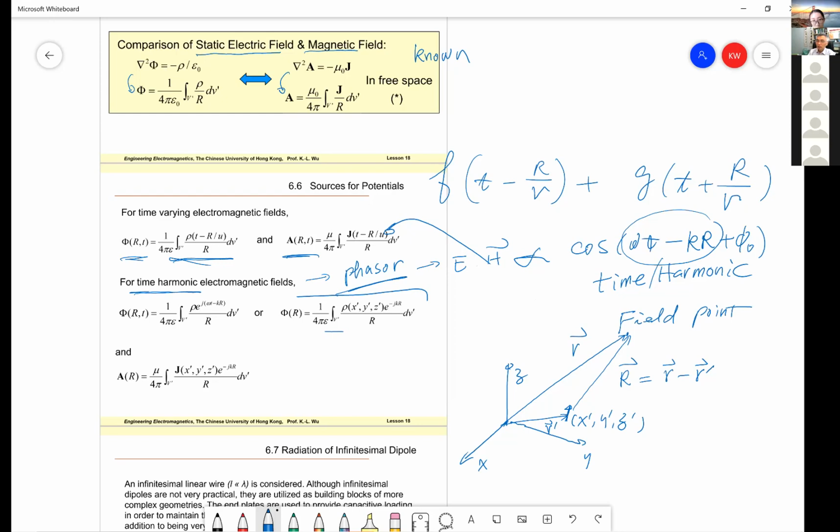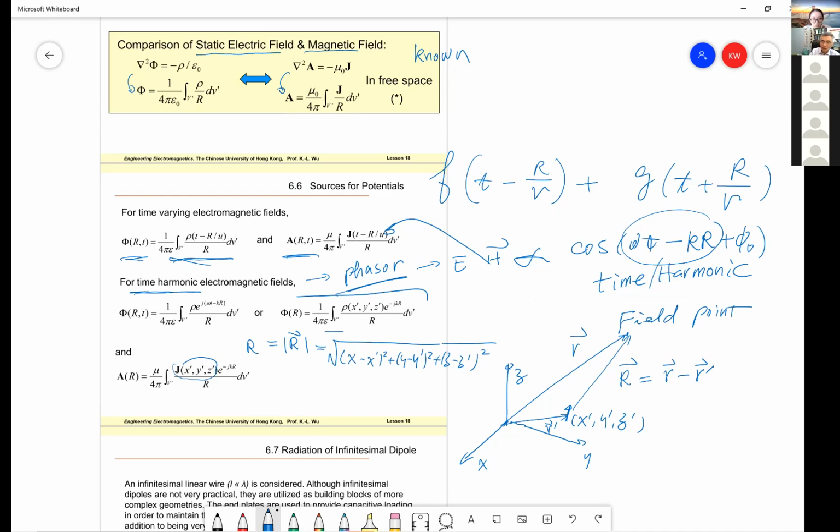So you can say this integrand, the current has its location X, Y, Z prime, okay? But don't forget R is the magnitude of this equal to X. Okay, so therefore, this is a function.